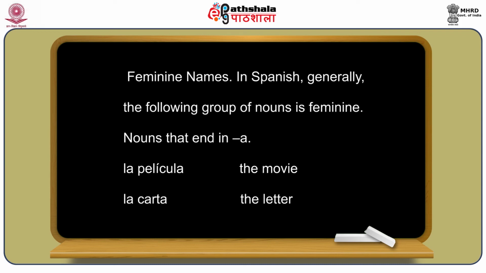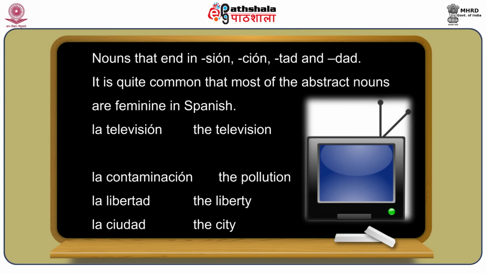which means the letter. Apart from those nouns which end in a, there are nouns that end in sión, that is sión, or ción, that is ción, or tad, that is tad, and dad, that is dad. So all these endings, when you see them, you can be sure that these are feminine nouns.